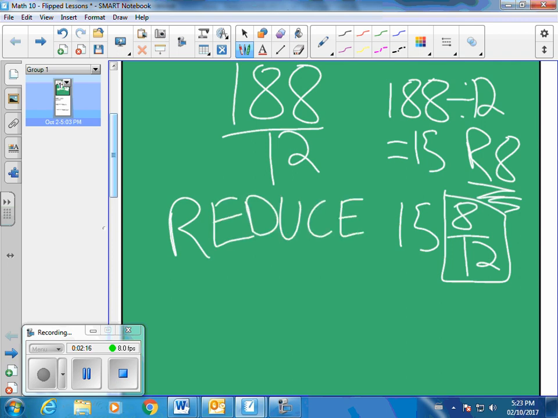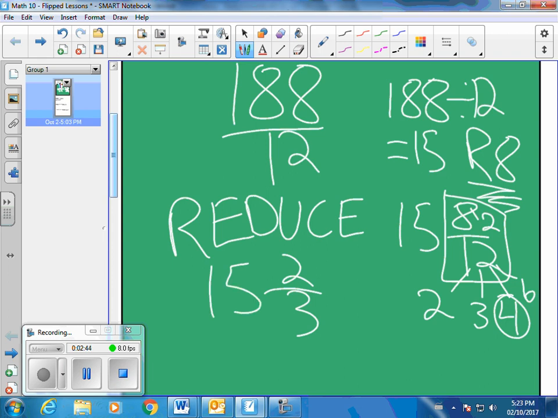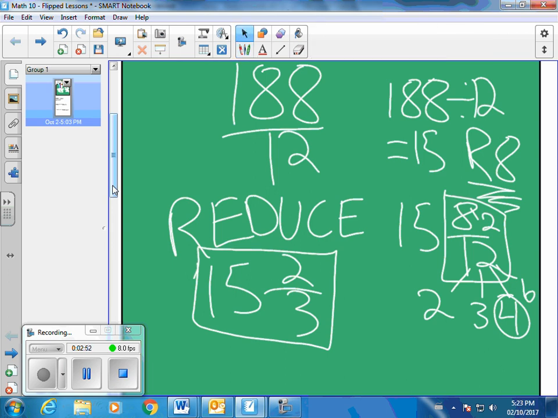Looking at 8 over 12, there are a handful of different factors for 12: 2, 3, 4, 6, and so on. I know that 4 goes into 8 twice, so I'm going to reduce this down to 2. 4 goes into 12 3 times. I take my original number and I get 15 and 2/3. Easy peasy, hopefully.